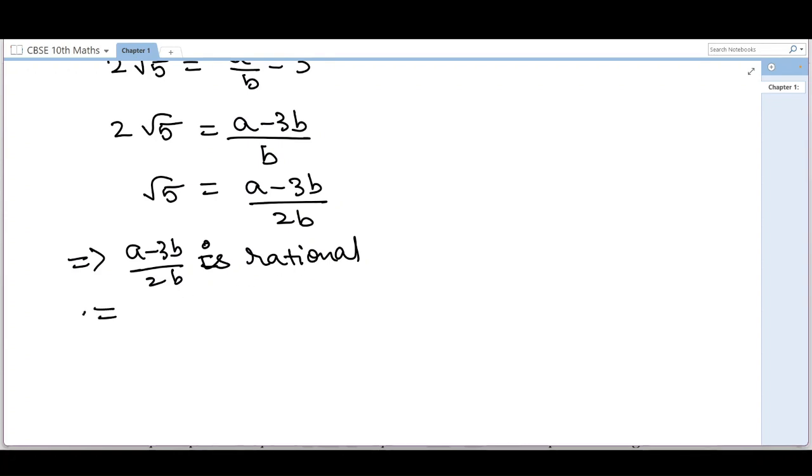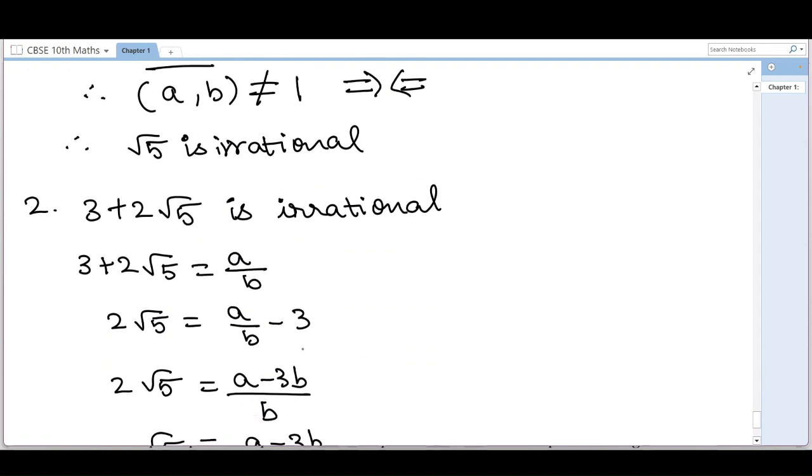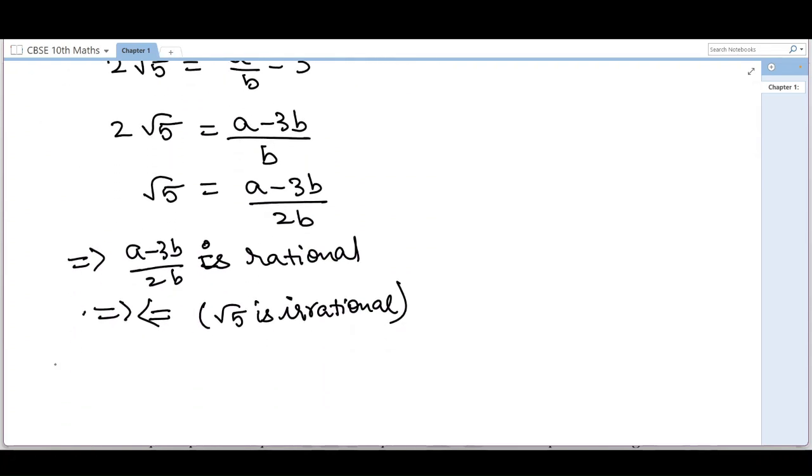This is contradictory to the idea that root 5 is irrational, right? Therefore, what we have assumed is wrong. So 3 plus 2 root 5 is irrational.